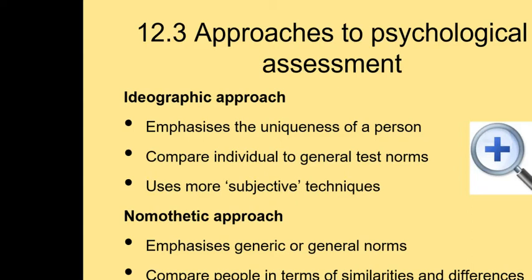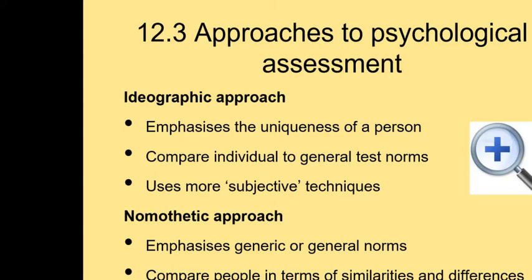The nomothetic approach, on the other hand, is about general norms, where we test you and look at how you compare to the larger population. It's similar to where you look at your marks for a subject and see where you fell within a class. It's the same principle.